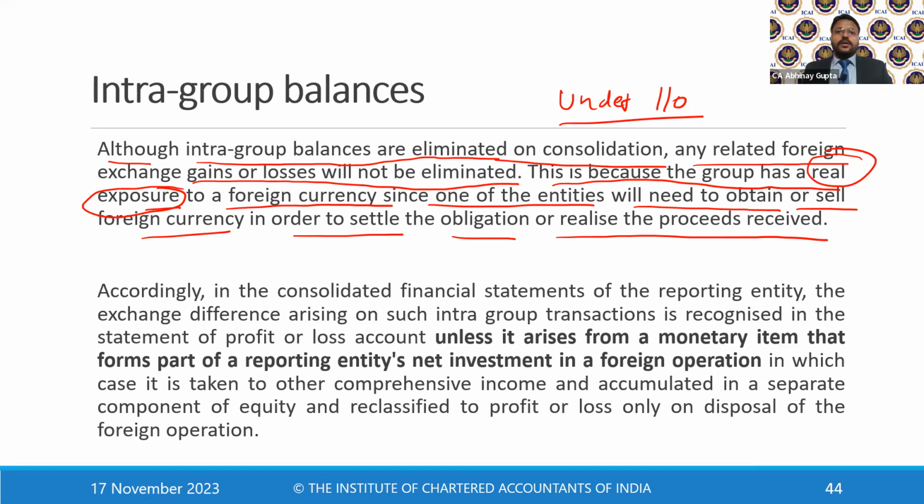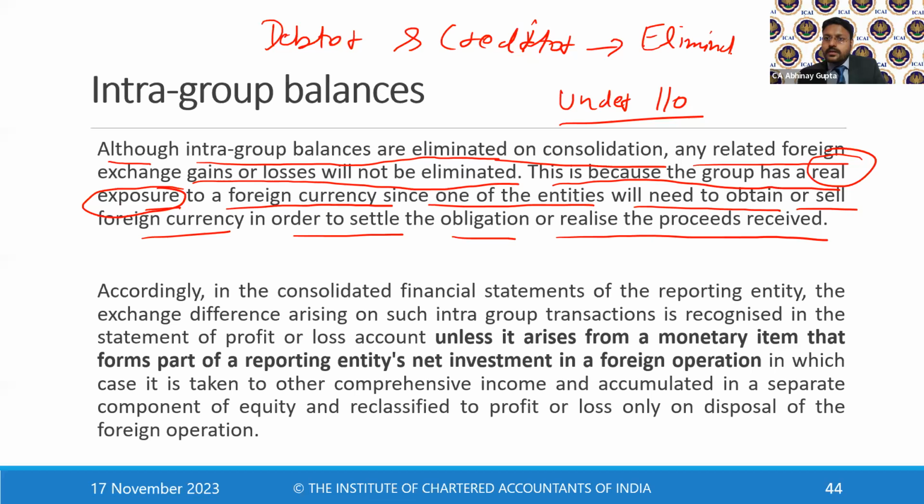So what is the thumb rule? While preparing the consolidation, the debtor balance and creditor balance will be eliminated, yes or no? Yes, right, under Ind AS 110.